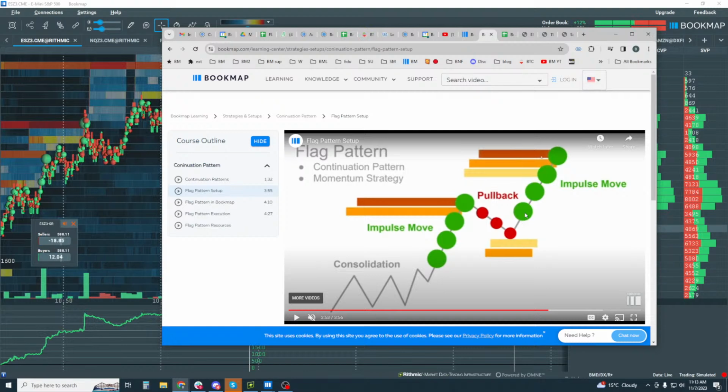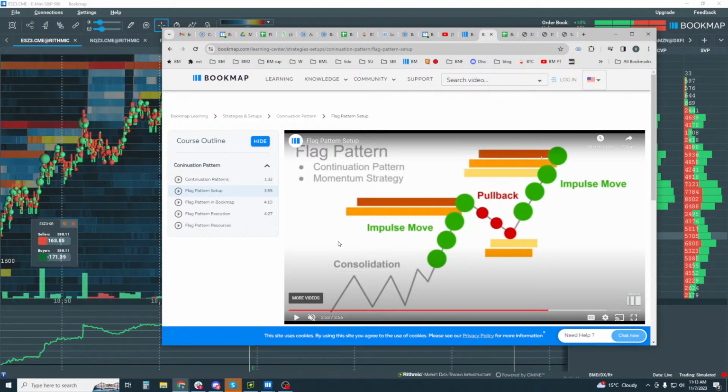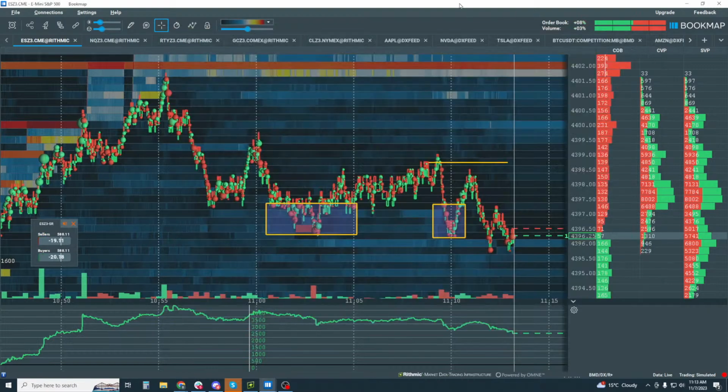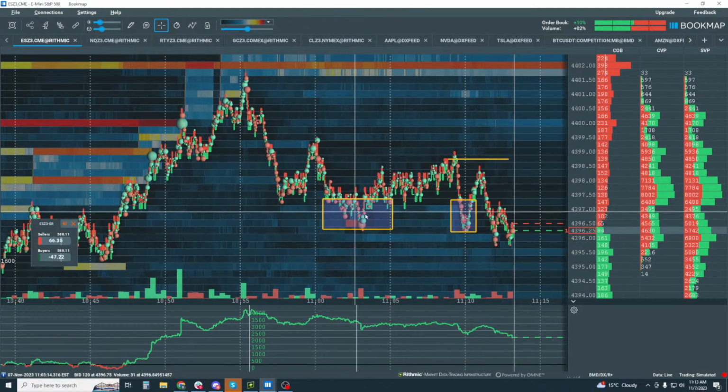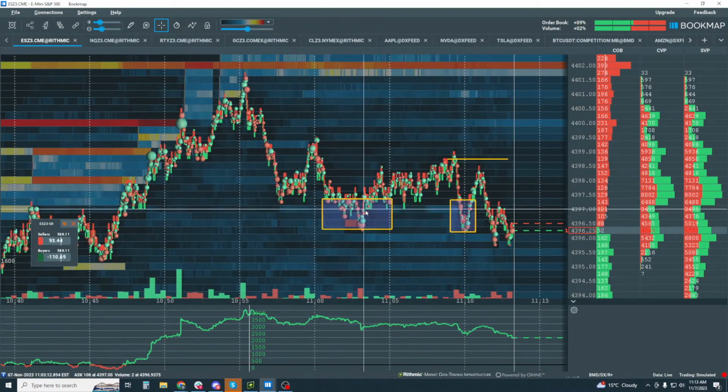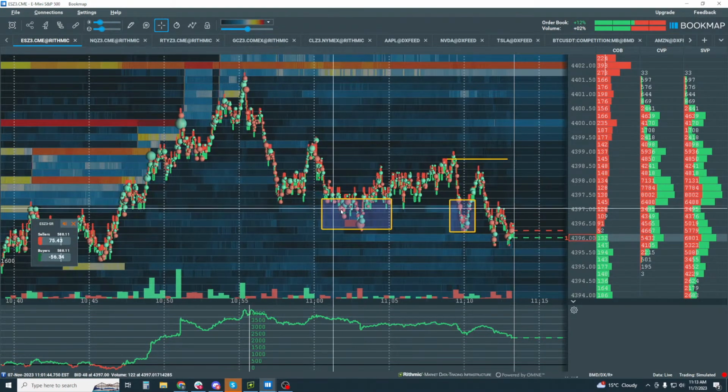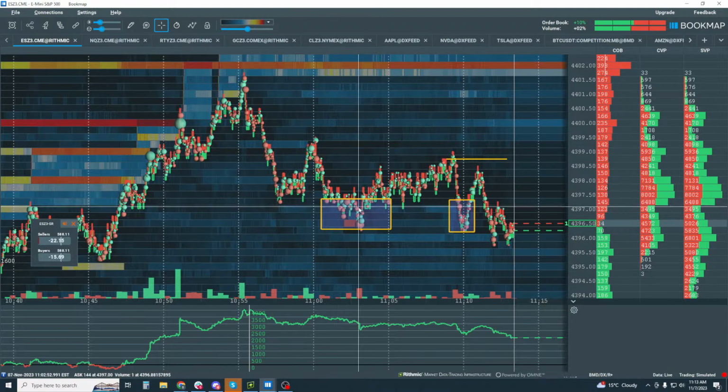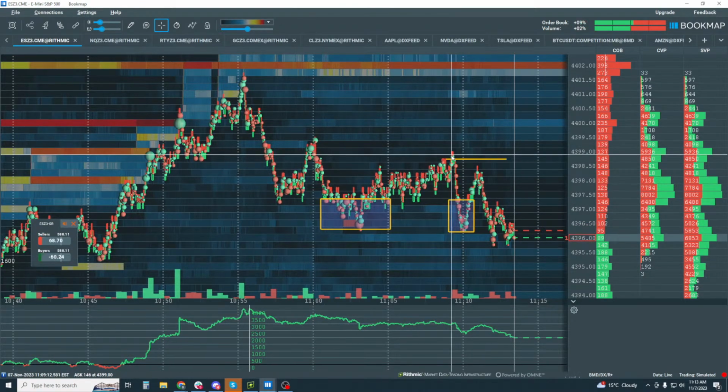But what we're doing is leaning on all of this previously. That helps. Here, we're not leaning on much. We're just identifying that we've got some trapped traders. We have the potential for that move.